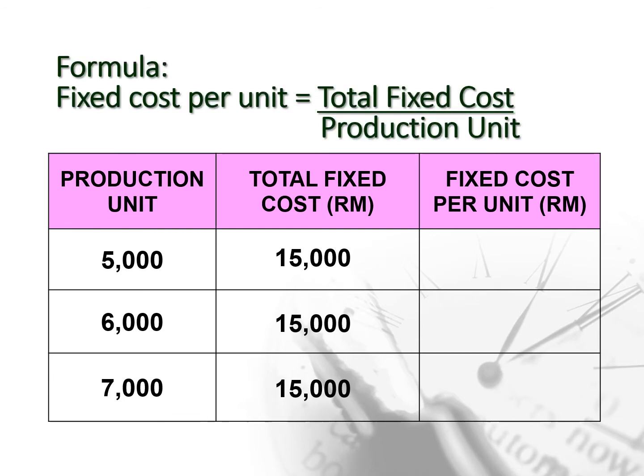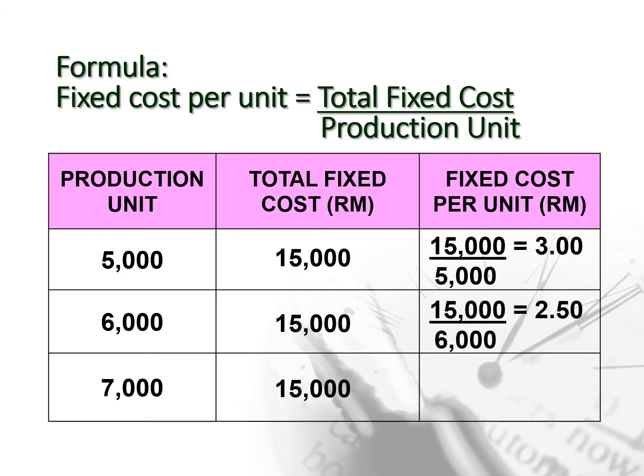The formula for fixed cost per unit equals total fixed cost divided by production unit. So we calculate the fixed cost per unit for production unit 5,000: 15,000 ringgit divided by 5,000 units equals 3 ringgit.